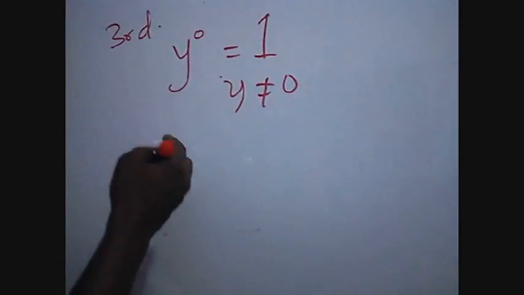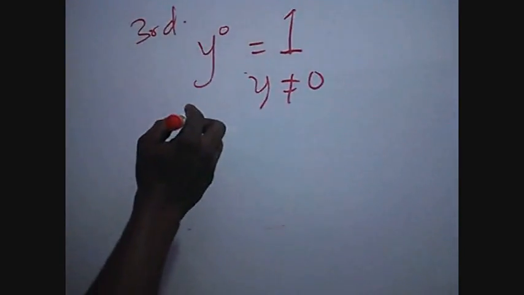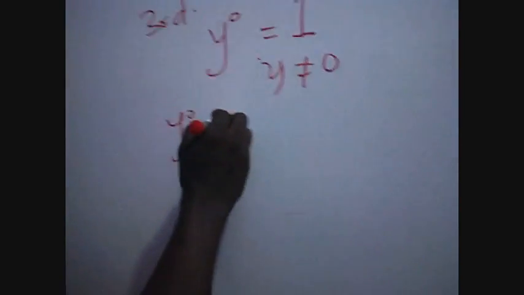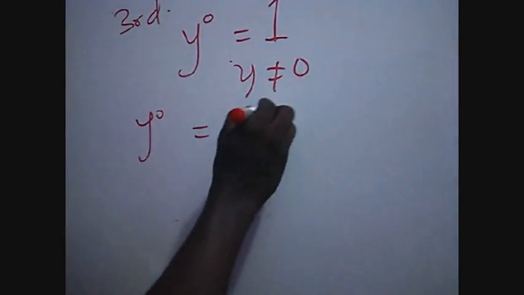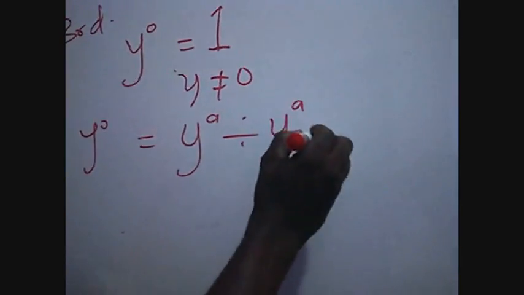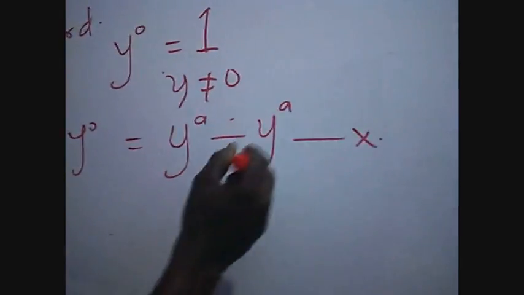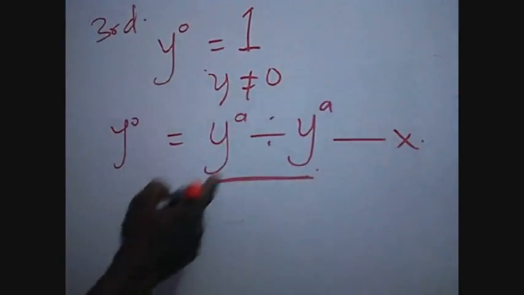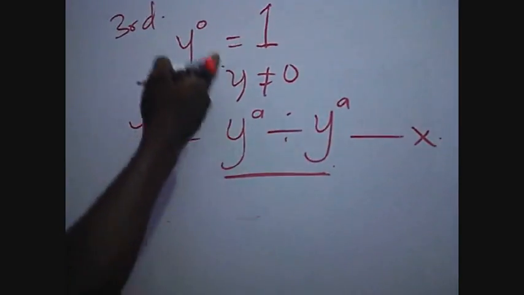So when we have y raised to the power of 0, we can obtain this by using y raised to the power of a divided by y raised to the power of a. Let's call it equation x. If we use a long method, we are trying to prove this law.